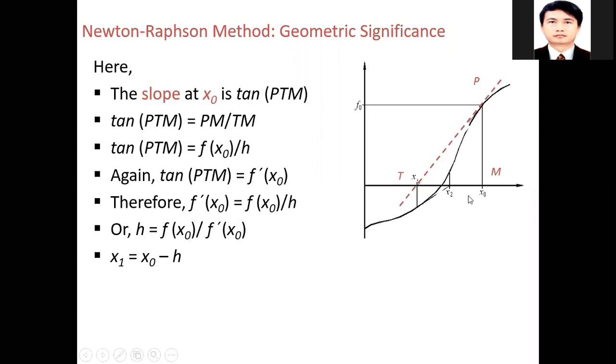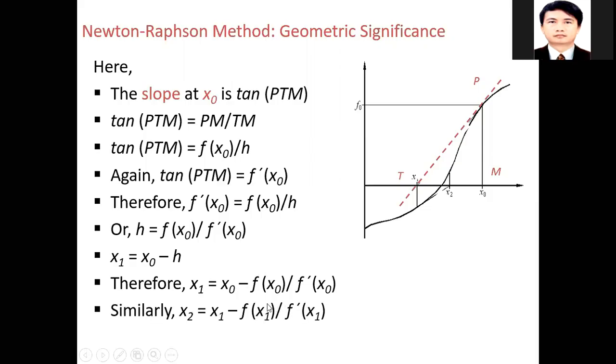From this figure, we can see that since we set this as h, our x sub 1 is equivalent to x sub naught minus h. Therefore, from this equation, x sub 1 is equal to x sub naught minus the value of h, which is f of x sub naught over f prime of x sub naught. Similarly, we can generate this equation.